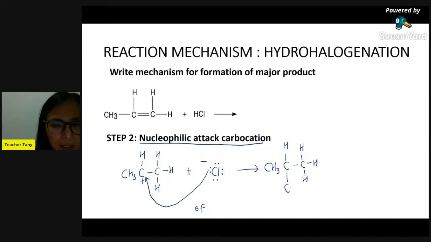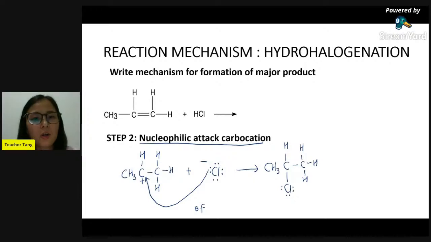So ikatan, so means that Cl now tinggal 3 lagi lone pairs, like this. Okay, so this is the 2-step mechanism of hydrohalogenations to give us the product.